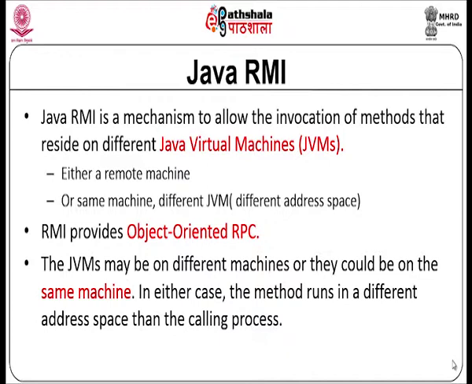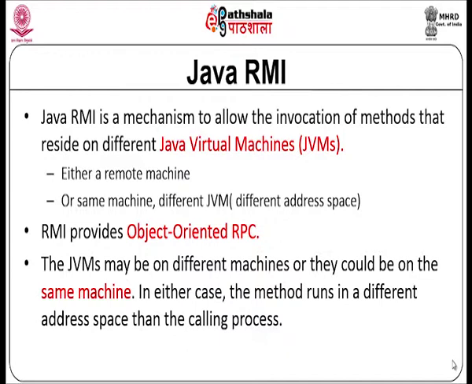So the methods can run in a different address space than the calling process. The calling process runs in one JVM or address space, and the remote object is available in a different address space. It can be either on the local machine or on a remote machine.